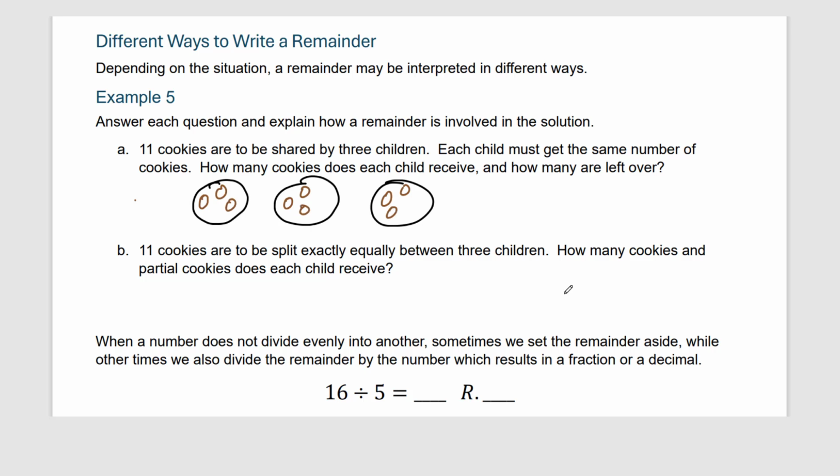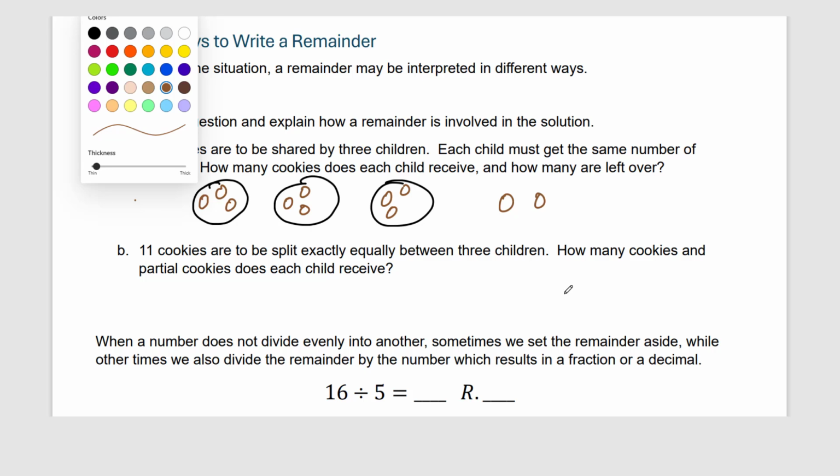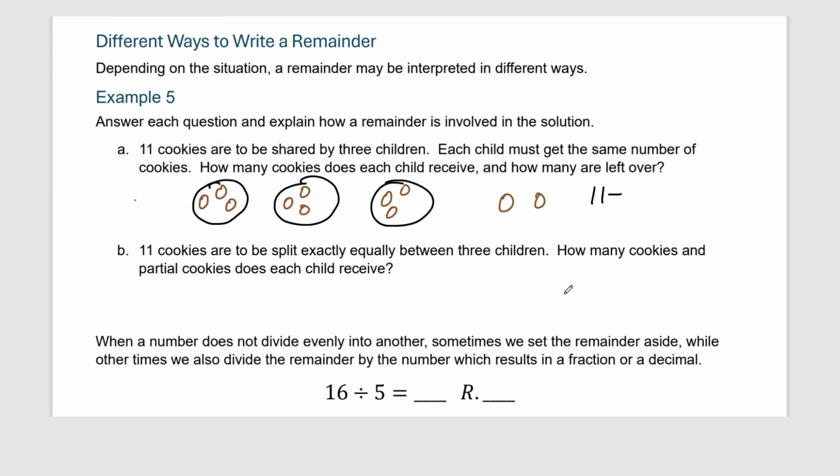And then I'm going to stop because 10 and 11, if the kids have to get the same number of cookies, I don't have enough to distribute to the 3 different plates. So this is a representation of 11 divided by 3 is equal to 3 with a remainder of 2 cookies left over. So in this case, the remainder refers to the leftover cookies.